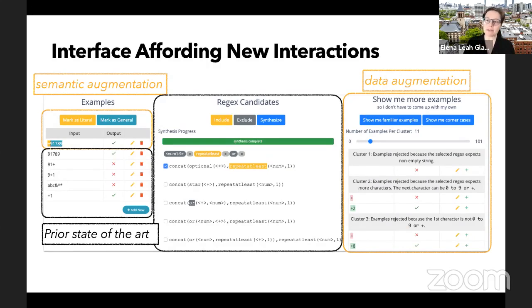You don't have to come up with additional examples. You don't have to mentally simulate how the candidate programs would work.